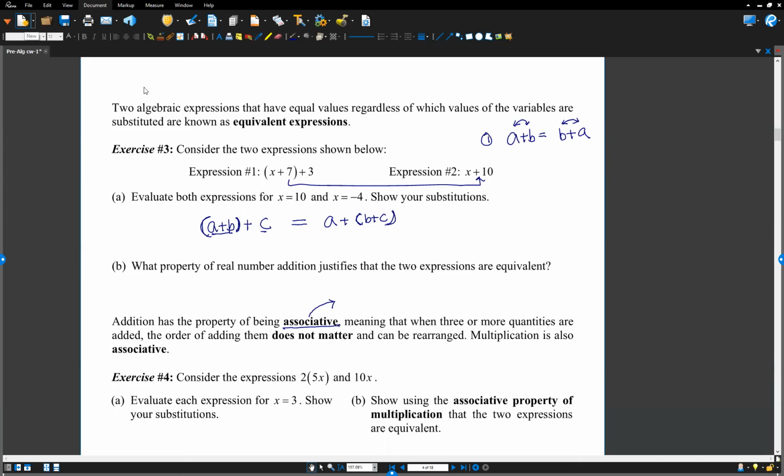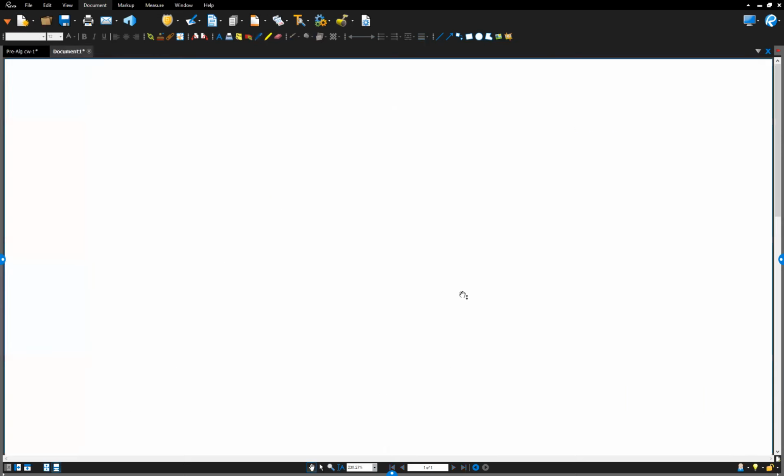Okay, I'm gonna use this one. Property of operation. Operation is what is that? Plus, minus, multiplication, and division.